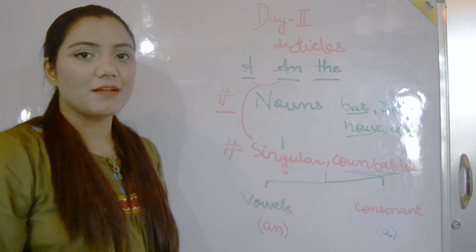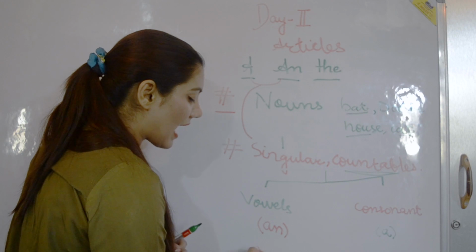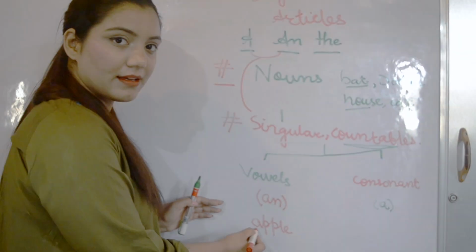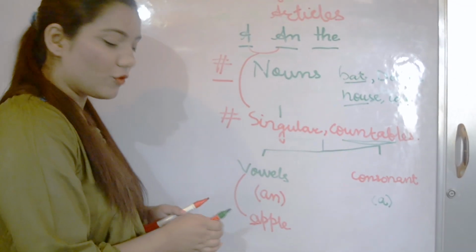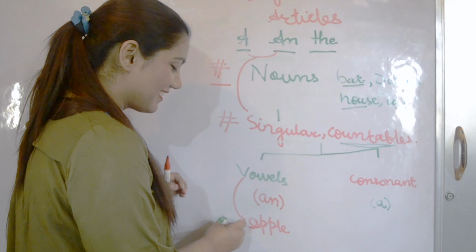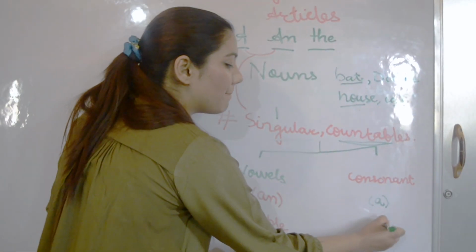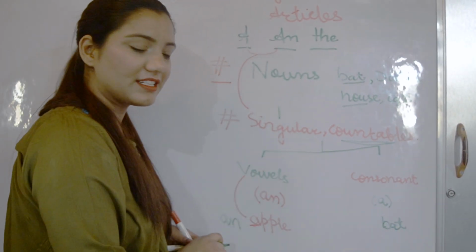Now, let's look at some examples. My word is apple. We know that a is a vowel. Therefore, it will be called an apple. And we know bat, B-A-T, starts with a consonant.